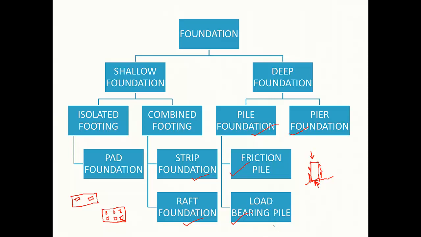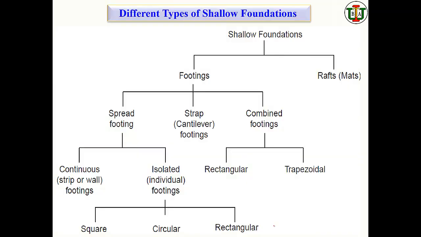Since this chapter is designed to study shallow foundations, we will look specifically into the shallow foundation categories in more detail. If I consider shallow foundations in two categories, one is the regular footing, another is the raft or mat, right? In the case of footing, you will get the strip footing and combined footing.